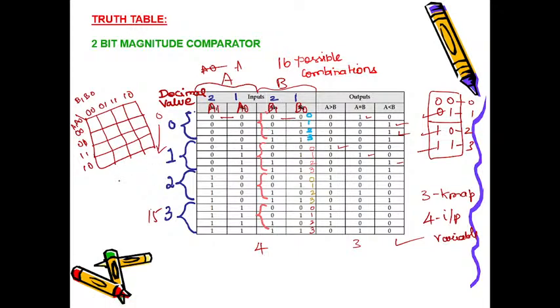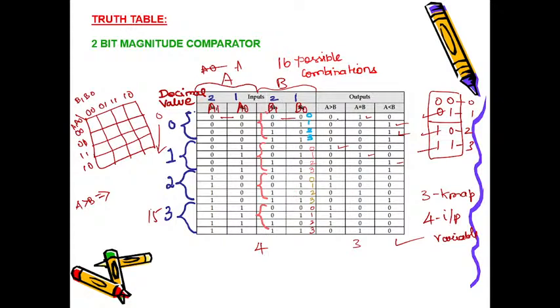Now I have to plot the output of A greater than B. That is a function, right? In certain functions we plot it as f equal to or y equal to. Here, A greater than B. So what is the first value? Straight away we know the possible combinations, from 0 to 15, in order.